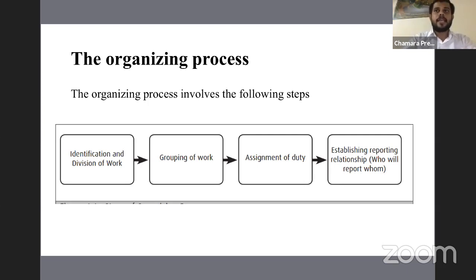After assigning the duties, all individuals must also be assigned the authority as well. Now let's see how this works. If a person is given a task to do, and that person doesn't have the authority to do it, there will be many problems. Why?